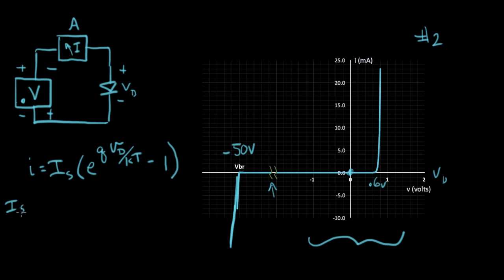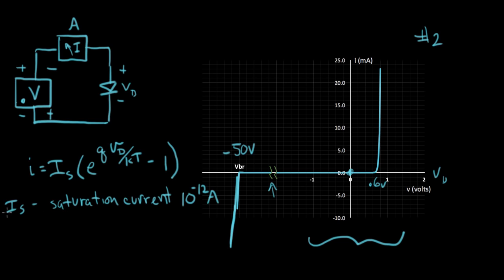IS is called the saturation current. And for silicon, that's a value of about 10 to the minus 12th amperes, which is 1 picoampere.